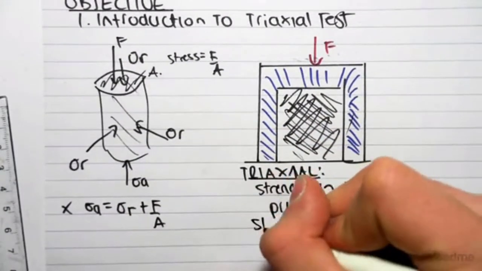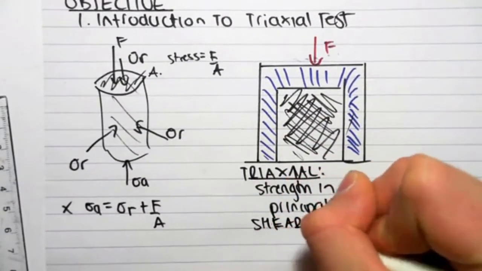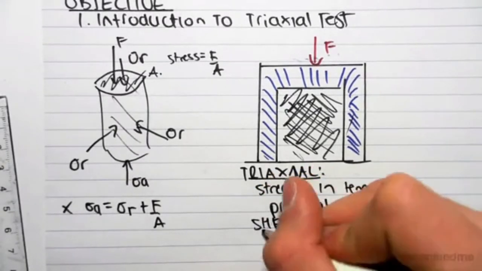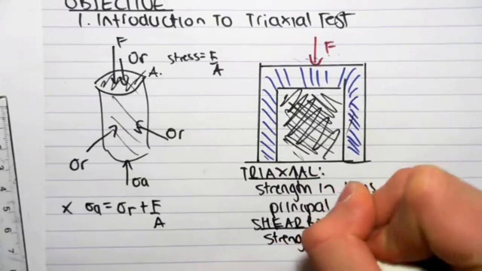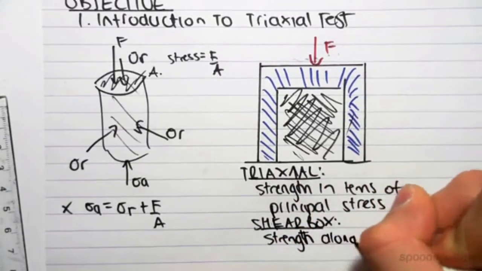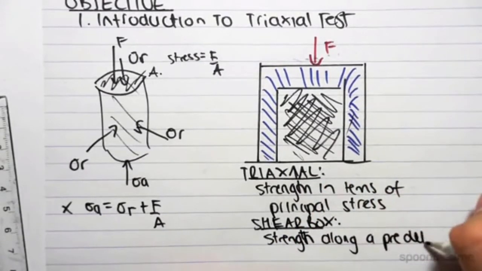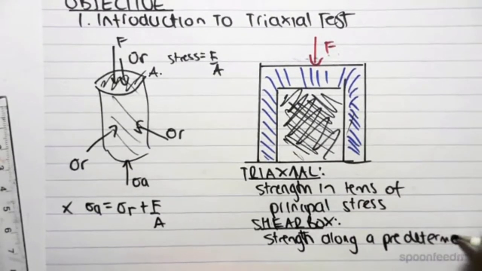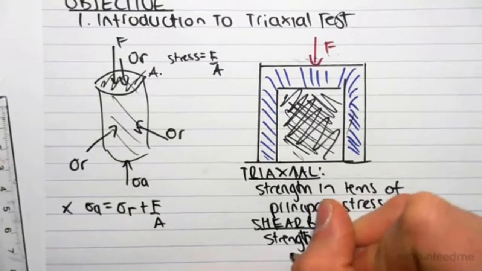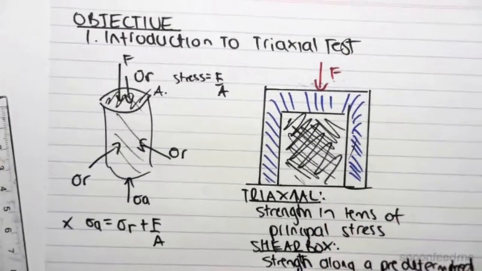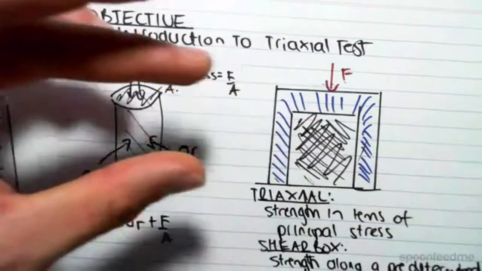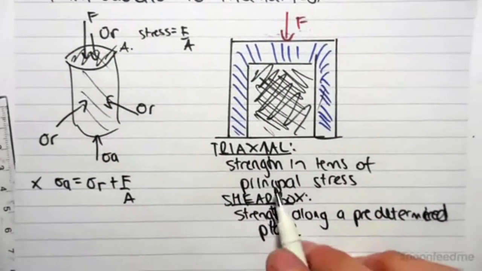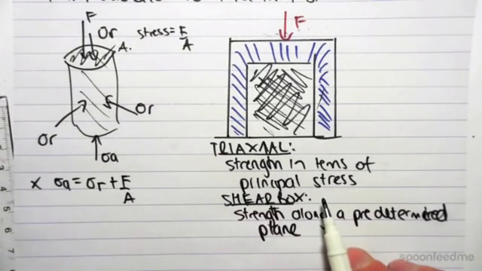Compared to the shear box, which gives us the strength along a predetermined plane. Okay, so we saw that for the shear box, we had two boxes which slid past each other, and that was along a predetermined plane. But for the triaxial test, the strength is given in terms of principal stresses.